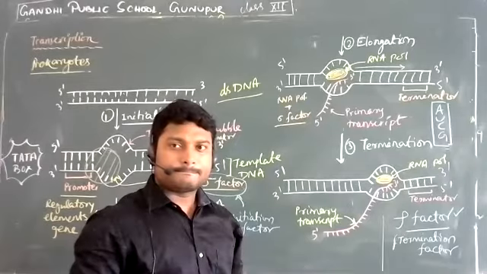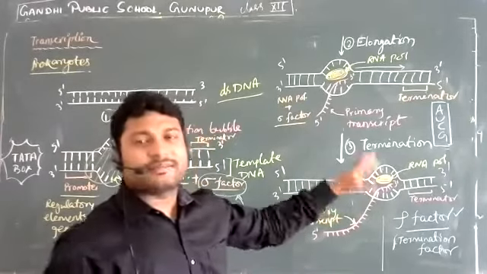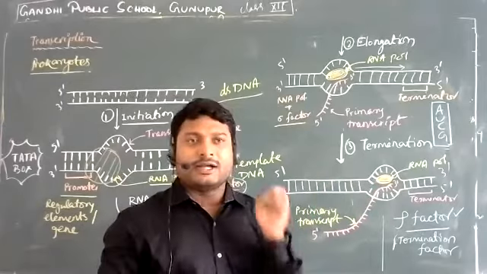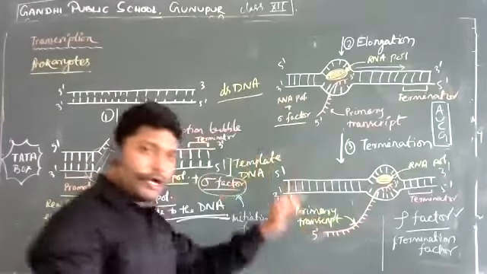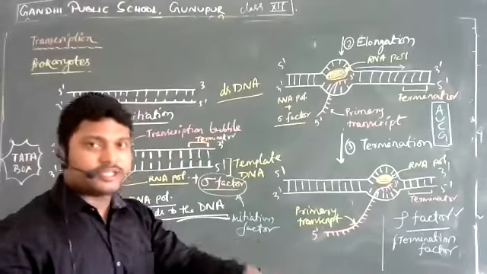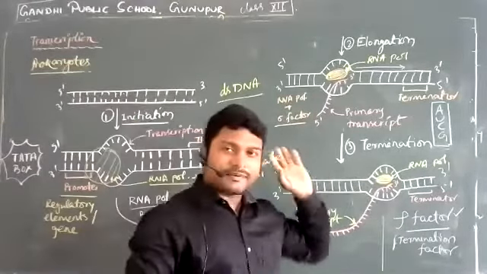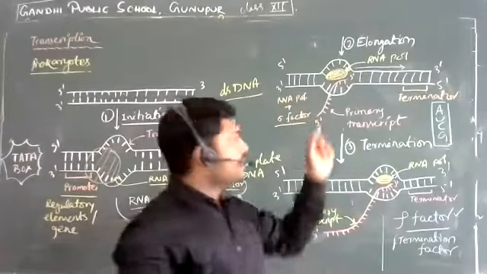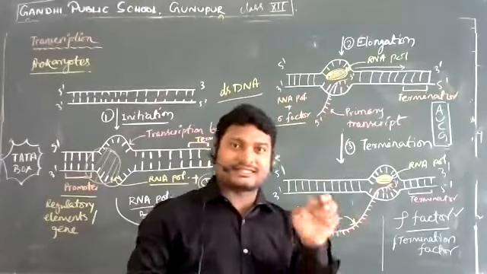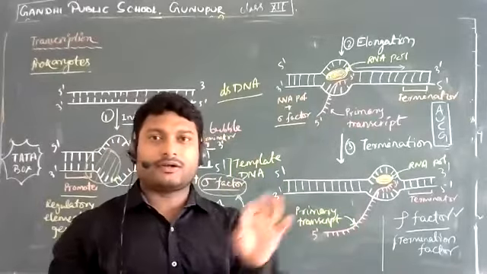Sir, I did not understand the primary transcript. A primary transcript is the nascent mRNA, a raw RNA sequence that is created during the process of transcription. We use the term primary transcript because it needs certain modifications, especially in eukaryotic organisms.